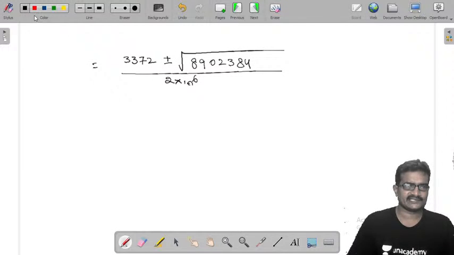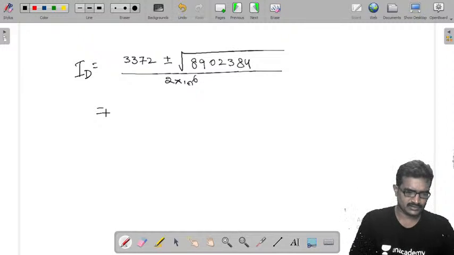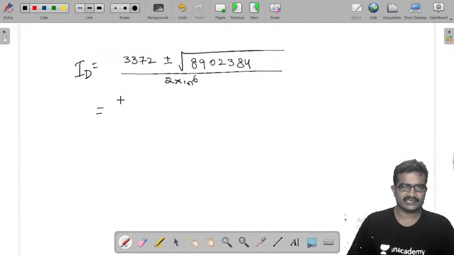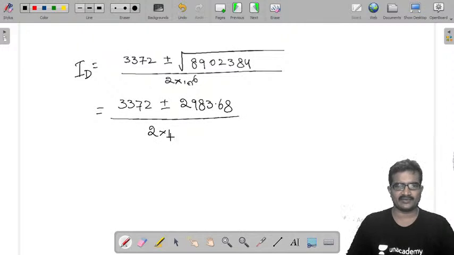So this is your ID. Simplify this. Square root of this is 2983.68. So it is 3372 plus or minus 2983.68 divided by 2 into 10 power 6.